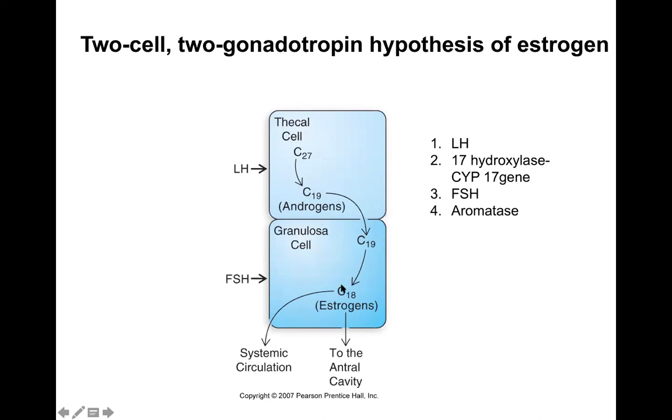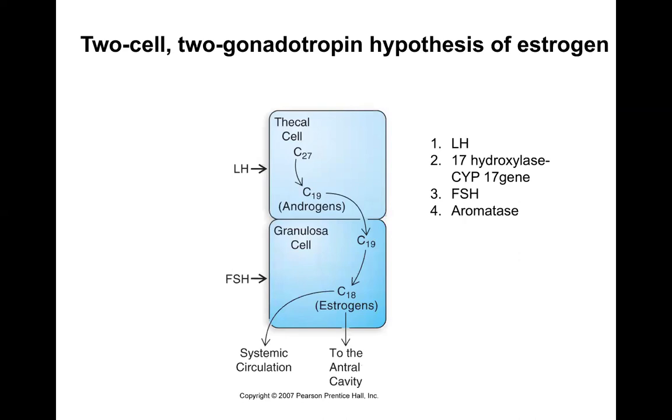In the presence of aromatase, which granulosa cells produce in large amounts, it is converted into estrogen. Estrogen can then go into the circulation or into the antral cavity for its action. This is a brief overview.